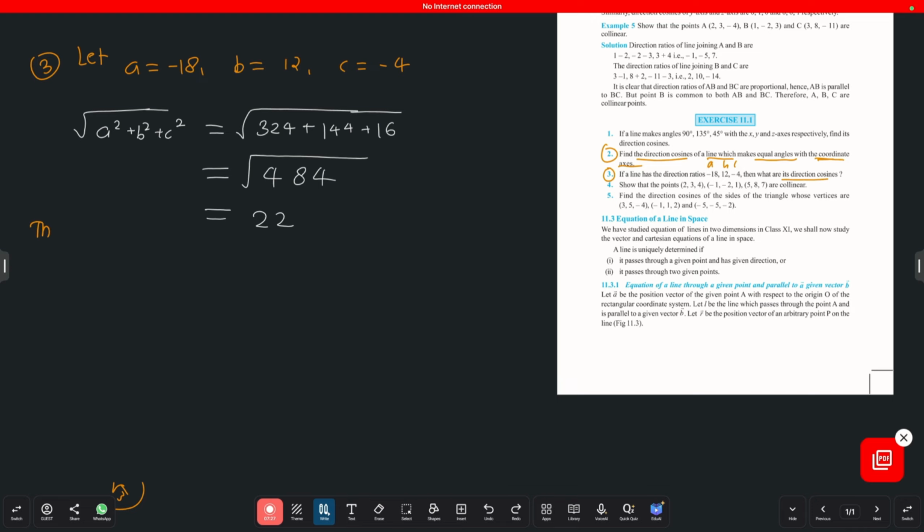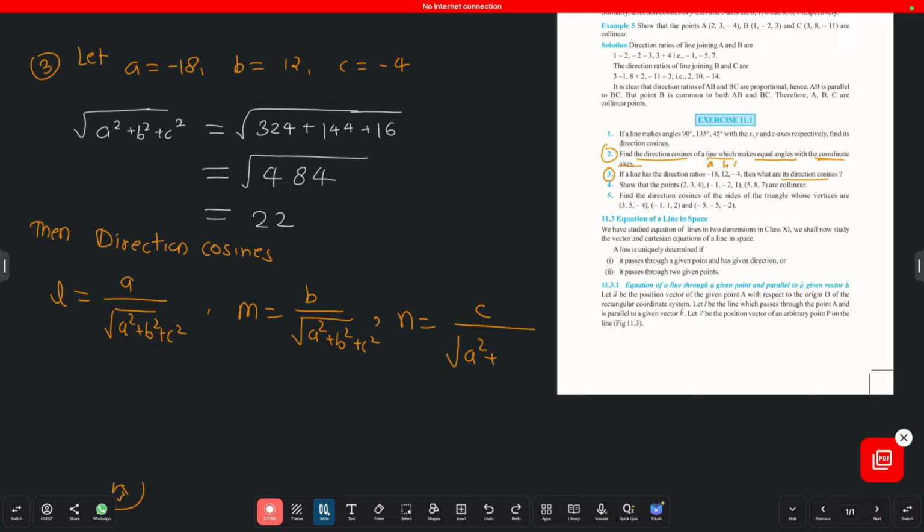Then direction cosines: l is a upon root over a square plus b square plus c square, m equals b upon root over a square plus b square plus c square, n equals c upon root over a square plus b square plus c square. a is minus 18, so minus 18 upon 22. m is 12 by 22, n is minus 4 by 22.